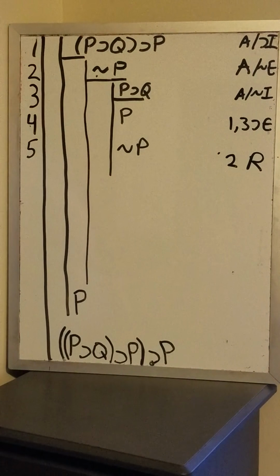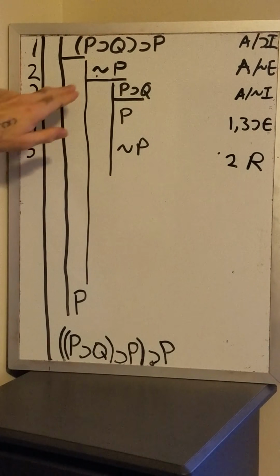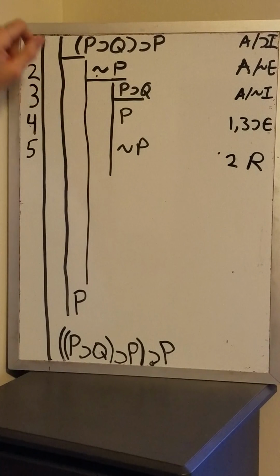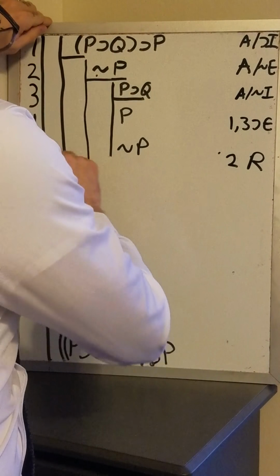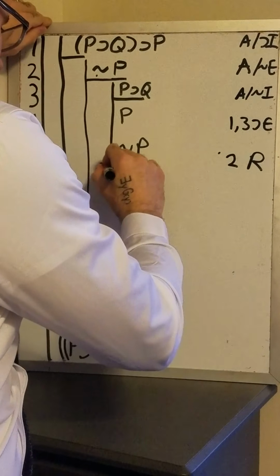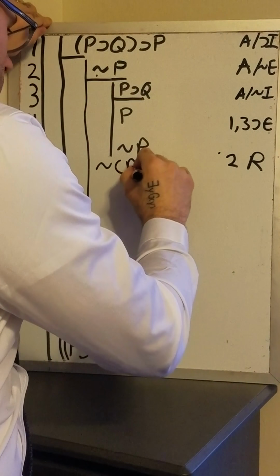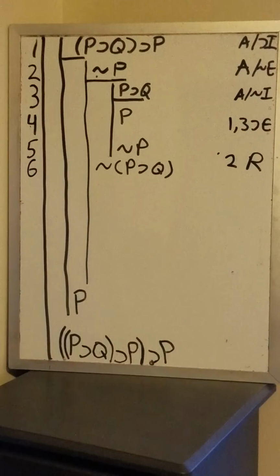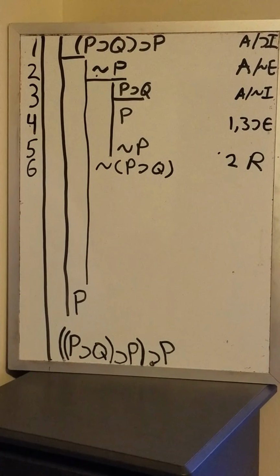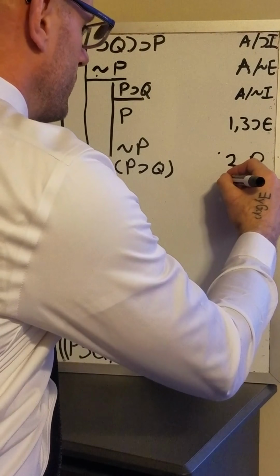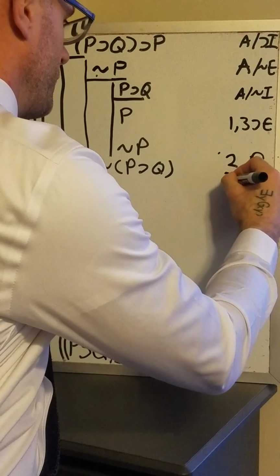Now we can go ahead and close out this subderivation. You know, this got us into a contradiction. So not if P then Q, from lines 3 through 5, negation introduction.